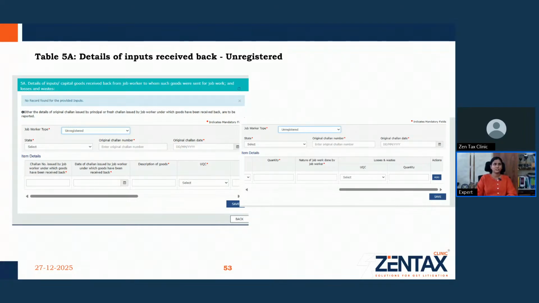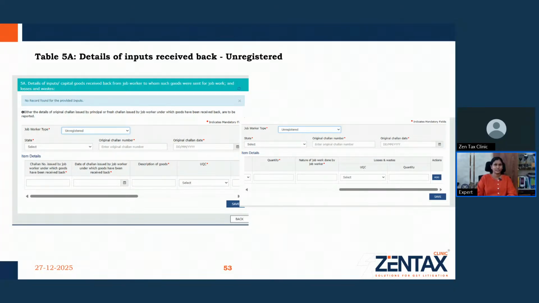So if the job worker is an unregistered person, then we need to mention the job work type as unregistered. Then here we need to mandatorily mention the state, that is the state to which such unregistered person belongs. Then we need to give the original challan number, original challan date.